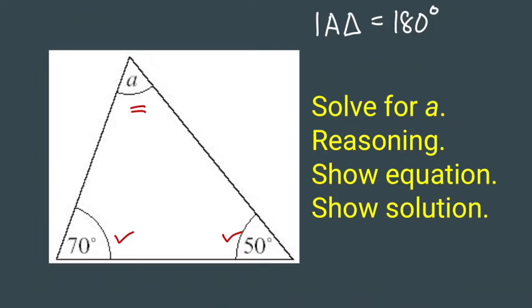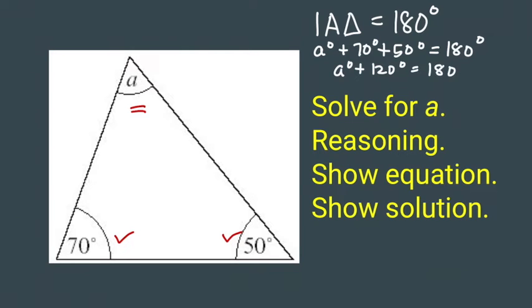So A plus 70 degrees plus 50 degrees equals 180. This would be A plus 120 degrees equals 180, minus 120 on both sides. So A is equal to 60 degrees.